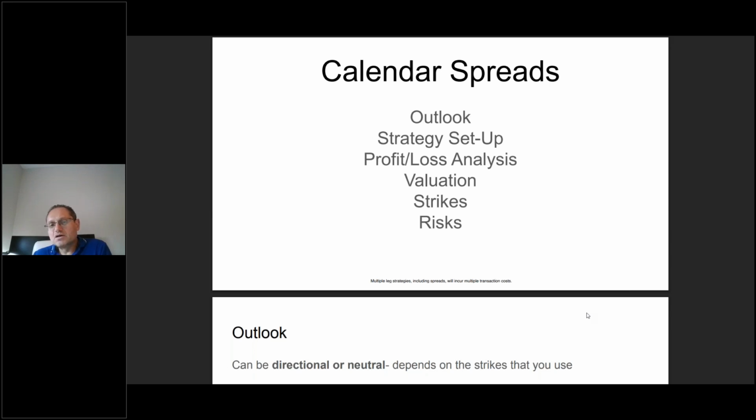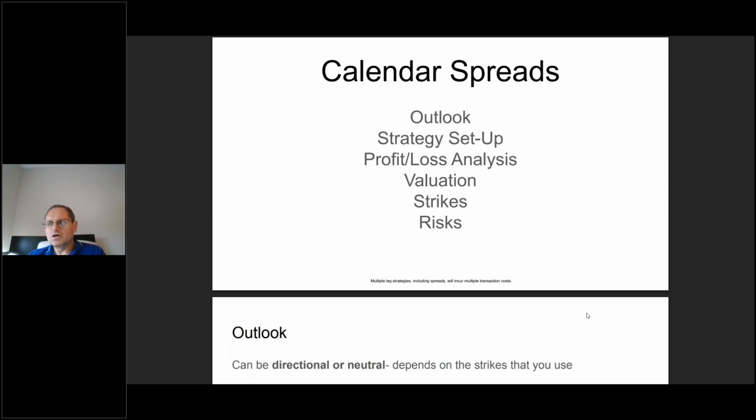We'll discuss that. How do you set up this strategy? There are two legs involved. How do you actually set up a calendar spread? We'll talk about the profit and loss analysis in a calendar spread, because it's a little bit trickier than something like a vertical spread or just a simple option.